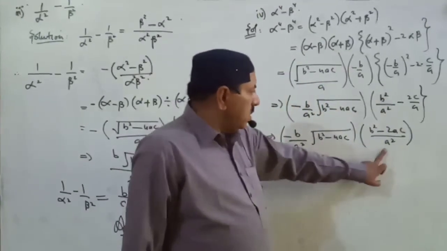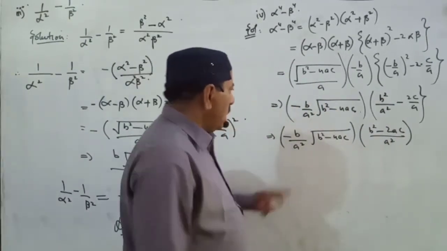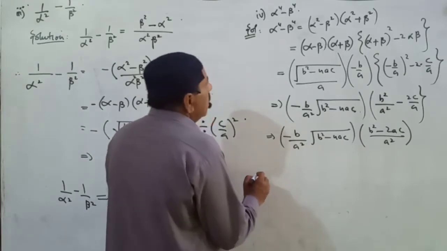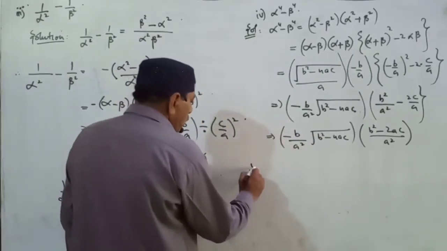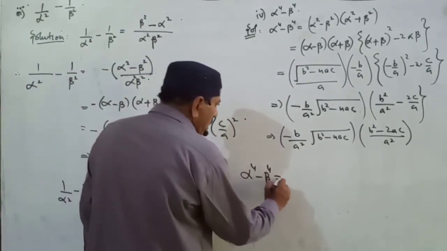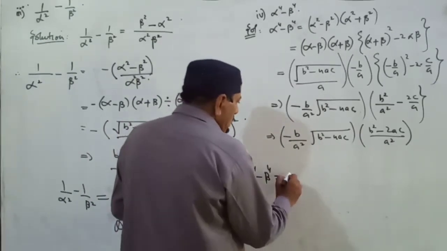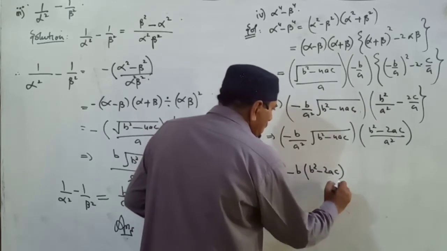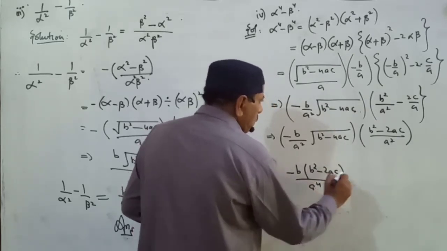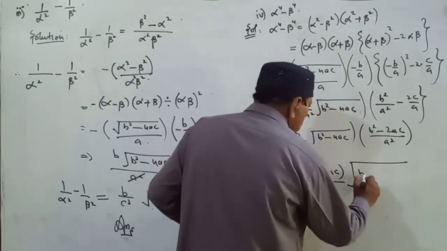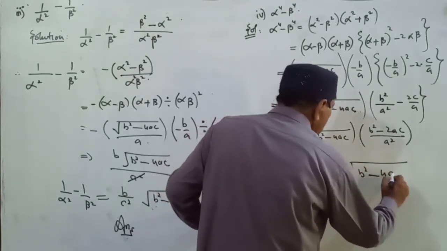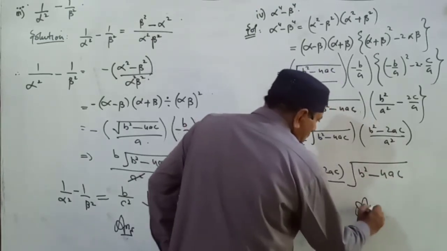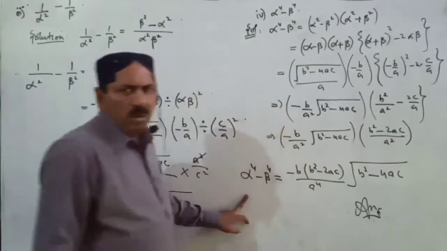A square into a square means a power 4. The result of alpha 4 minus beta 4 is equal to minus b into b square minus 2ac upon a power 4, and the remaining is square root of b square minus 4ac. This is the result for alpha 4 minus beta 4.